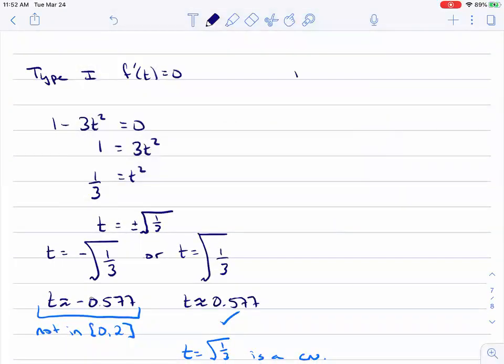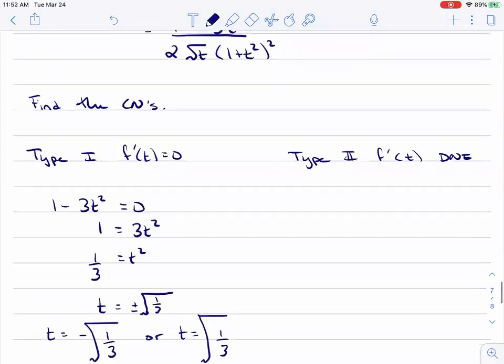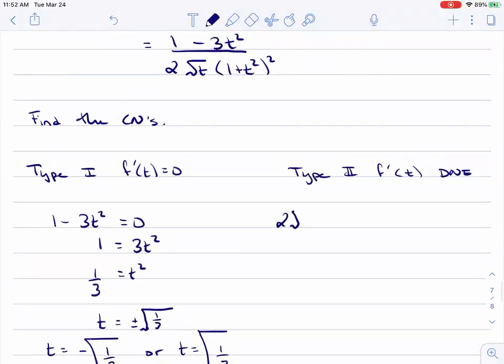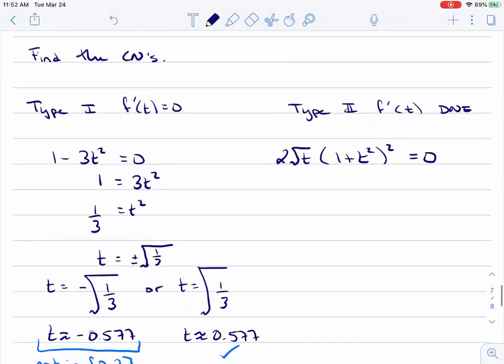How about for the type 2s? Type 2 is where the derivative of f of t does not exist. That's when we're dividing by 0 in the derivative. Looking at the denominator, we've got 2 root t times 1 plus t squared, squared. Where does this equal 0? It equals 0 if t is 0 here.